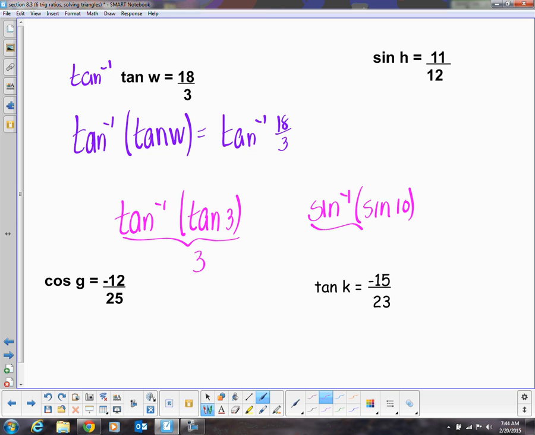What do you get? 10. Now I want you to do cosine inverse of cosine 18. What do you get? 18. Okay, if you take the inverse function on the function, those simplify and leave you just what? W. Are you with me?